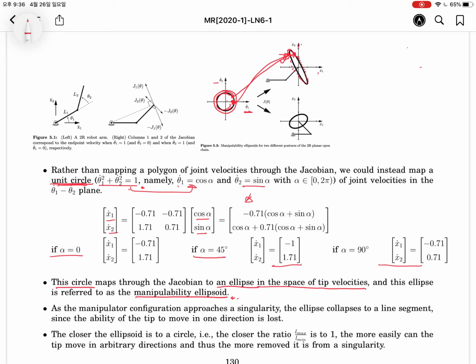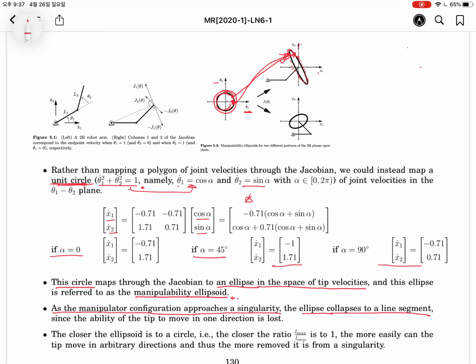Actually, he developed this concept to denote how far its posture is from the singularity. As the configuration approaches the singularity, the ellipsoid approaches a line segment. The ellipsoid collapses, and then the ellipsoid will be a line segment.